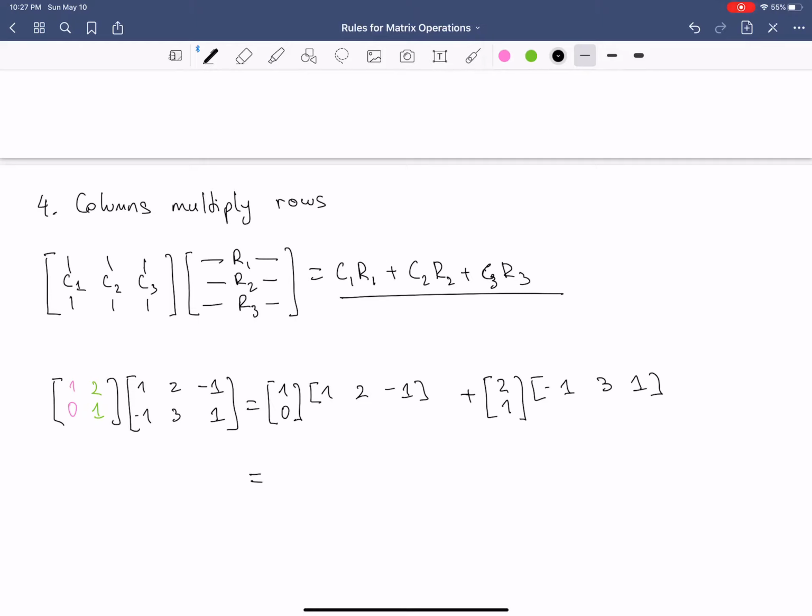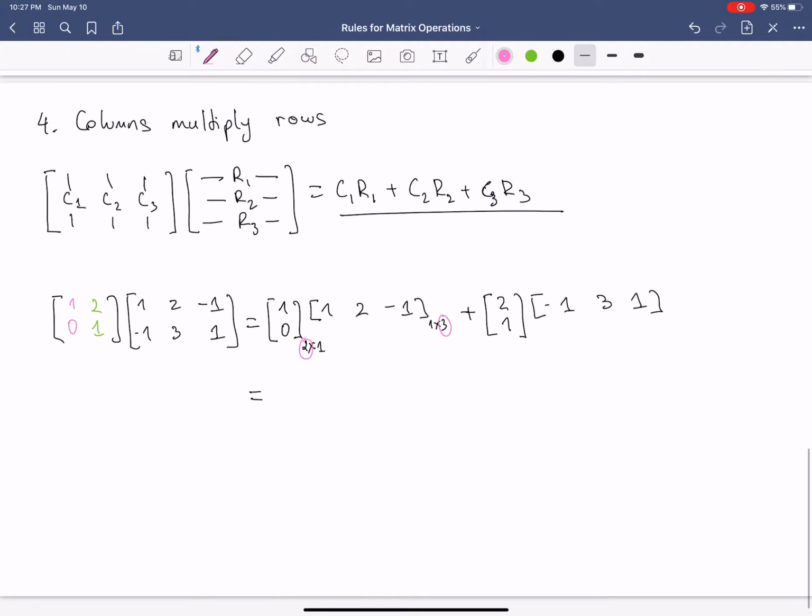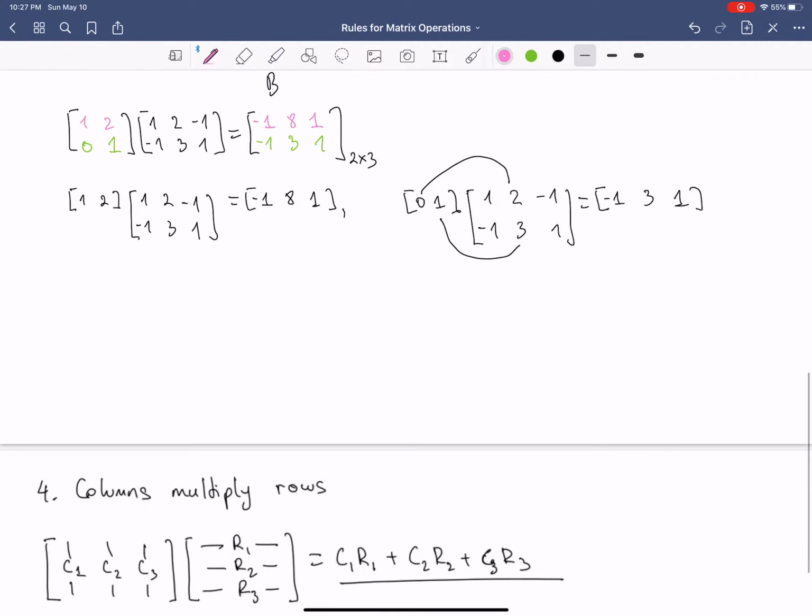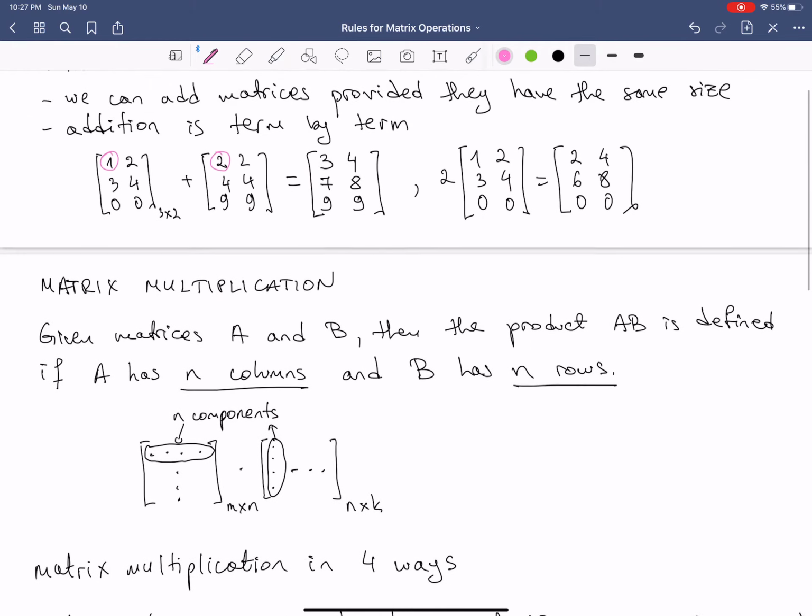If you look at the first column vector, the size of it is 2 by 1. The row vector is of size 1 by 3. That tells us that the answer will be of size 2 by 3. And the same is true for the second part. So we know what the answer will be from the sizes of the first matrix. Did I write that at the very beginning?